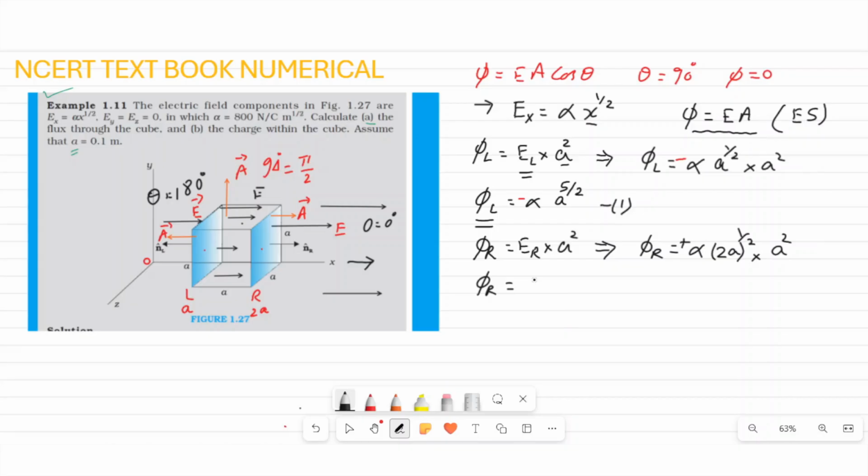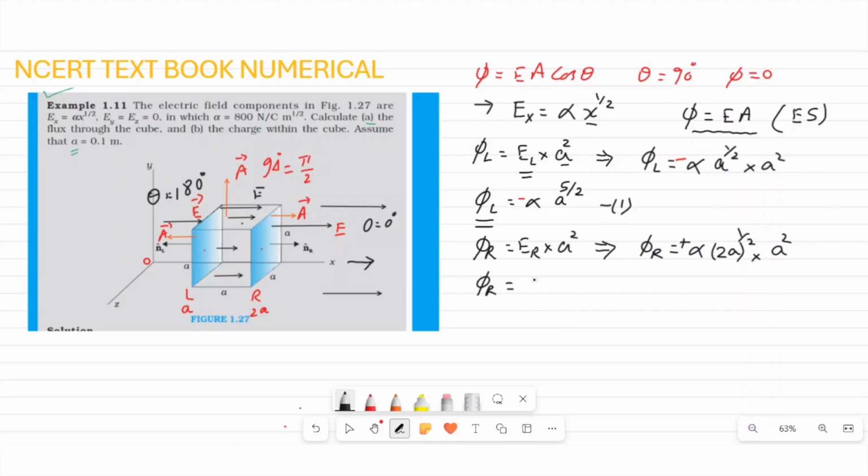This will be the sum of right plus left surface flux. We put the value. Now see, alpha A raised to 5 by 2 will be common. Inside the bracket, what is remaining? Under root 2 minus 1.